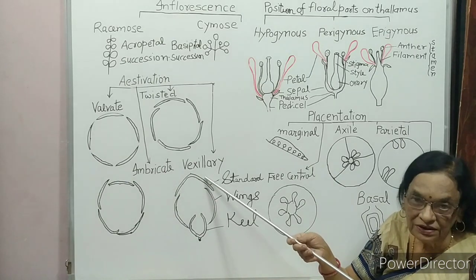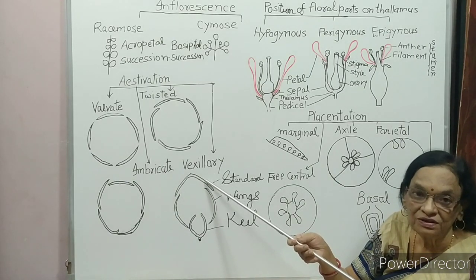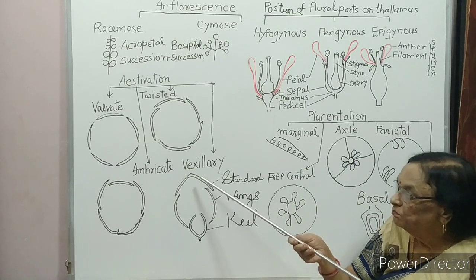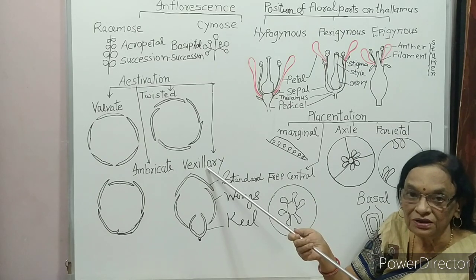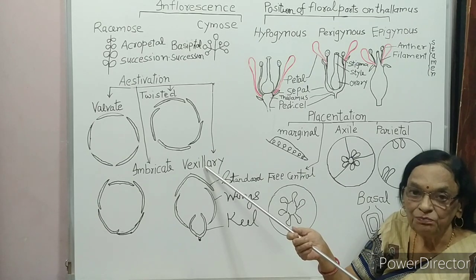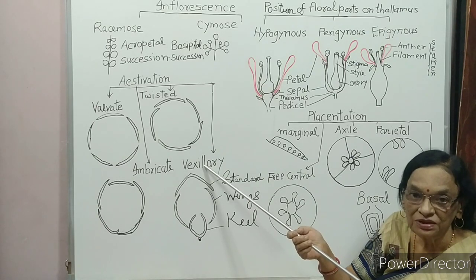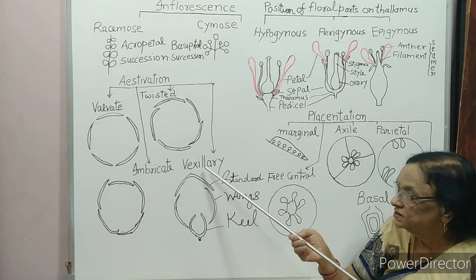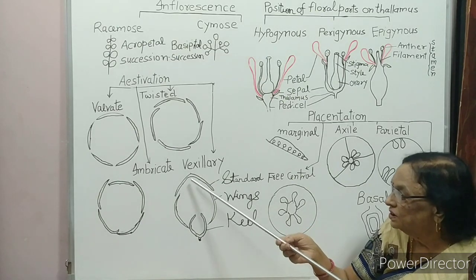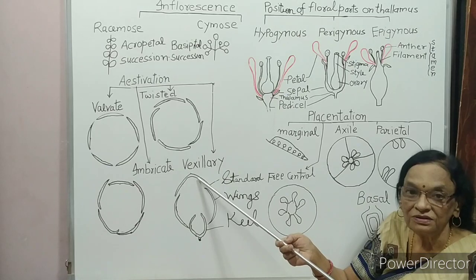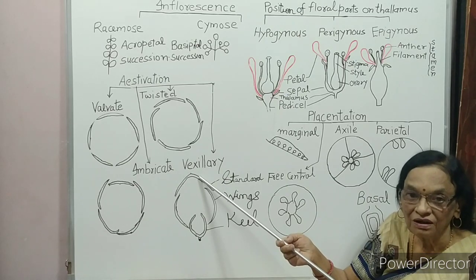What is vexillary? Vexillary is also called papilionaceous because the flower of family Papilionaceae, to which pea plant and beans belong, has vexillary estivation. Here one petal is very large.